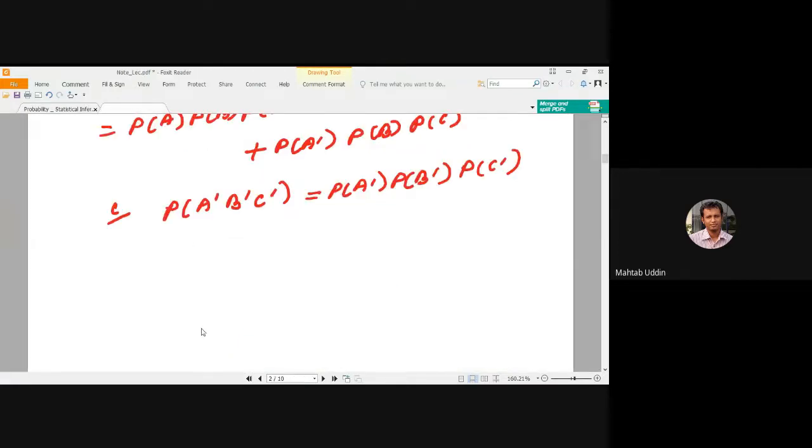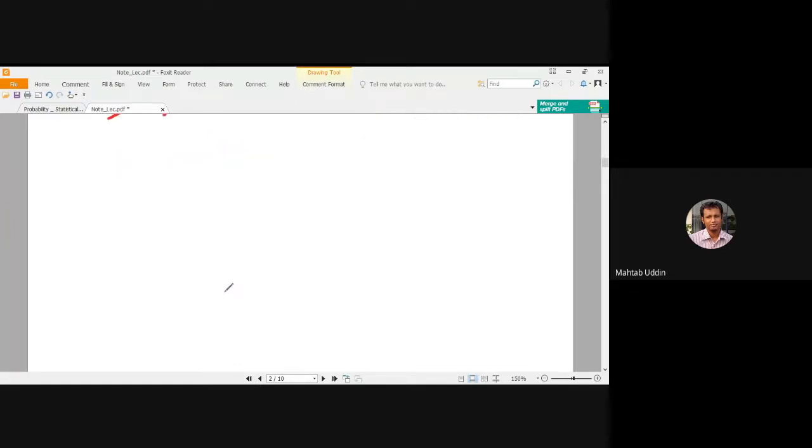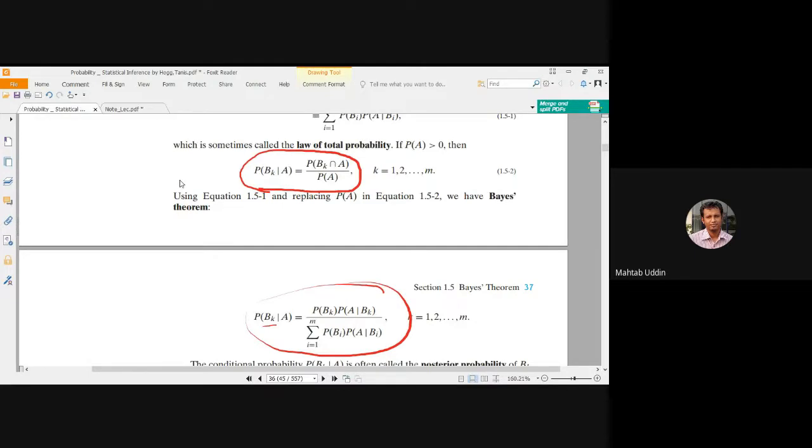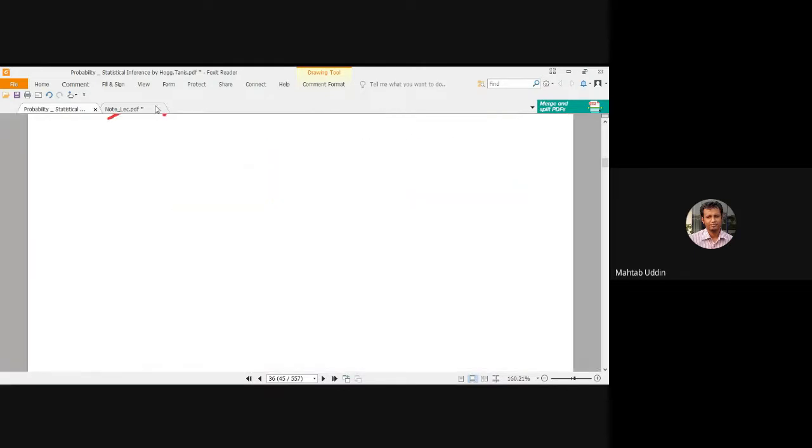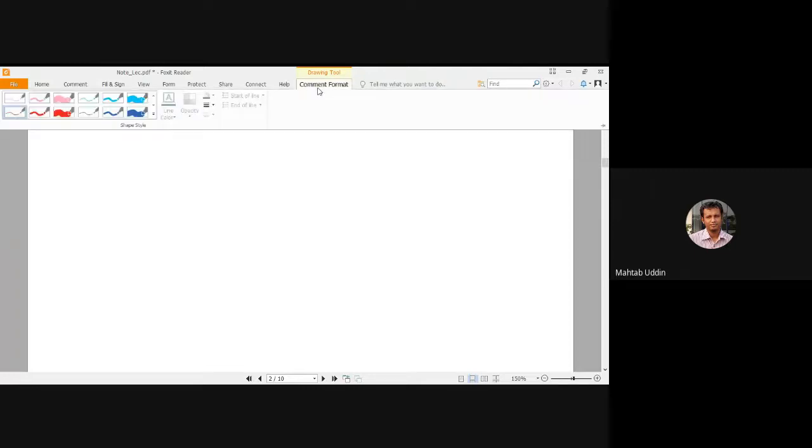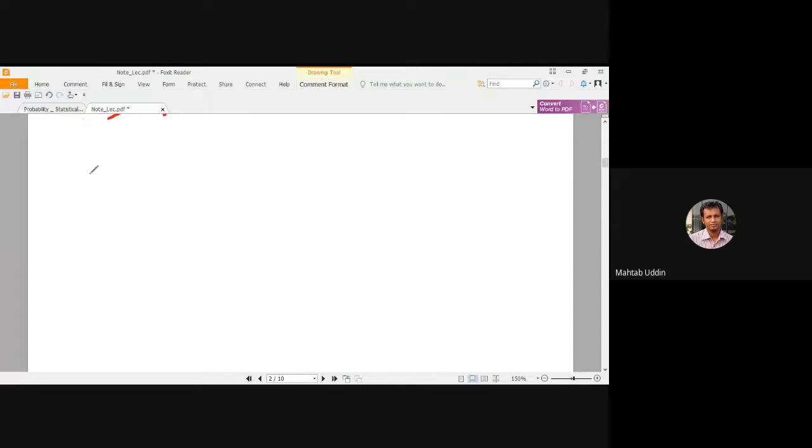Okay, I will first show how Bayes theorem is established. Then we'll go for some maths. If you can understand, the basic fact of Bayes theorem is actually so easy.